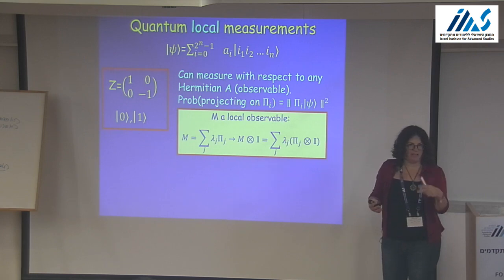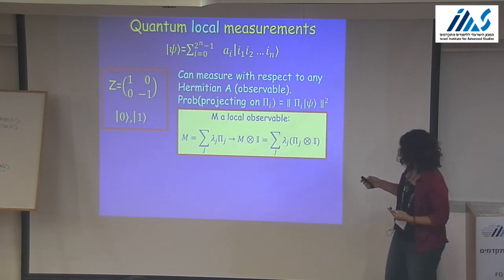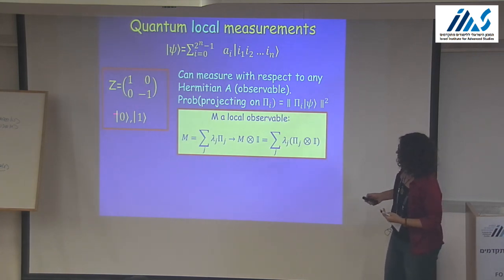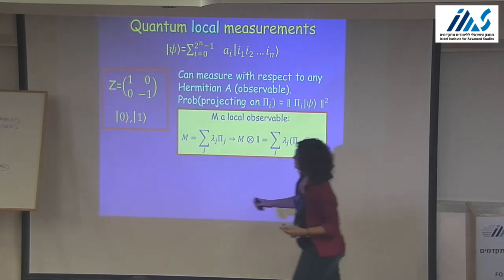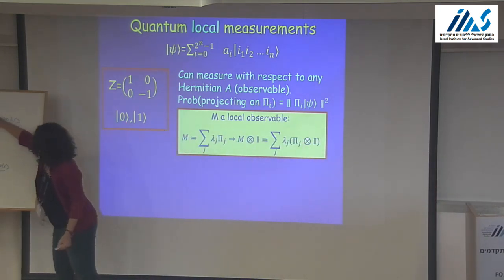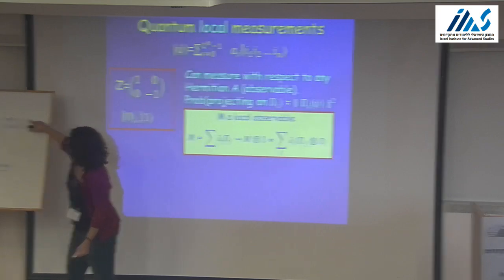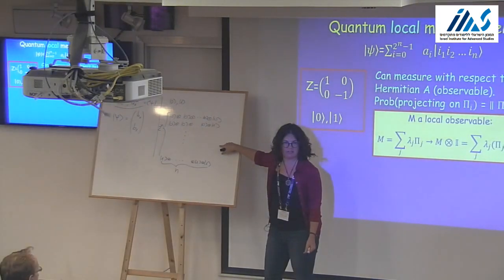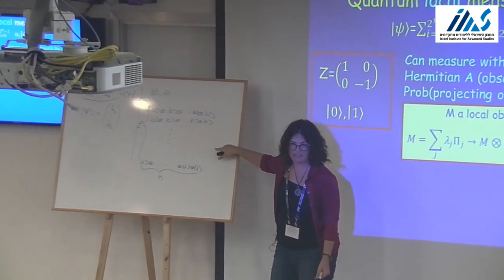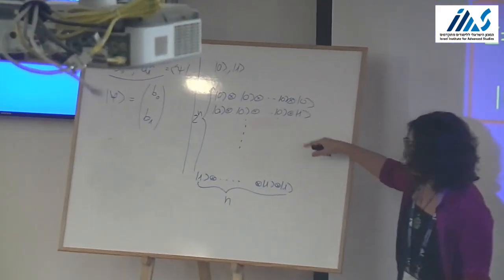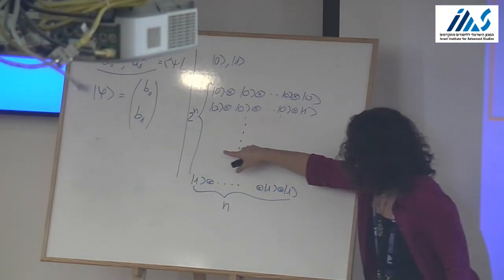The first eigenspace is spanned by all states starting with 0: 0, 0, 0, 0, 0, and so on, all the 2 to the n minus 1 first strings. That would be the first eigenspace. And the second one will be everything that starts with 1.